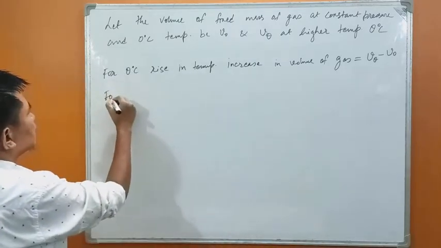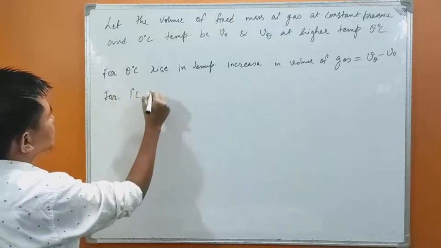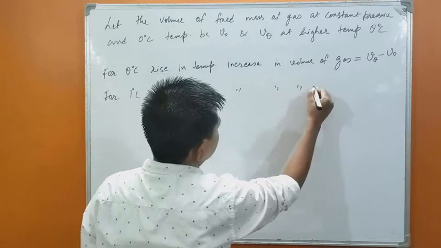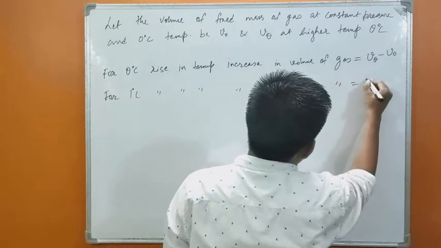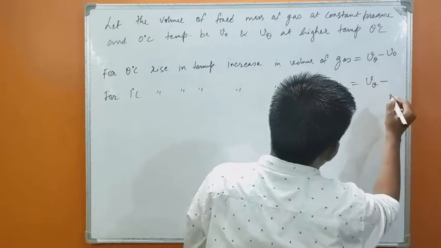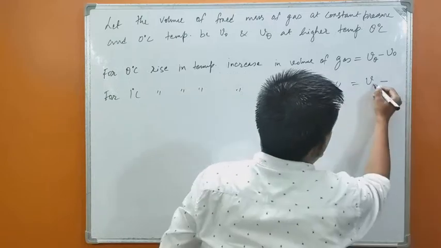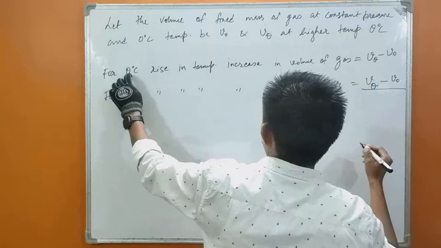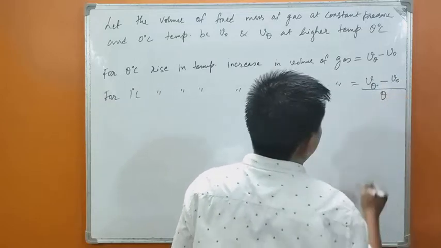Unitary method now. For 1 degree Celsius rise in temperature, increase in volume of gas equals V theta minus V naught upon theta, isn't it? Unitary method.